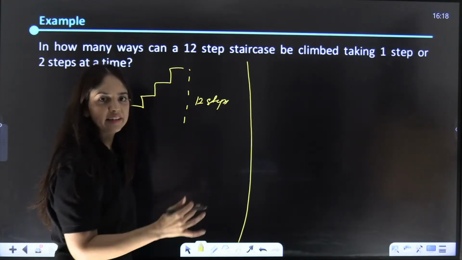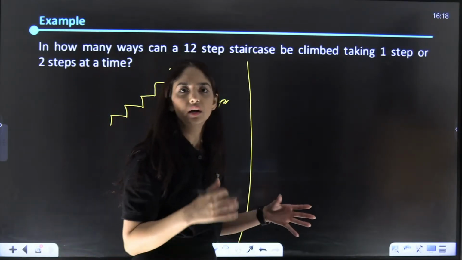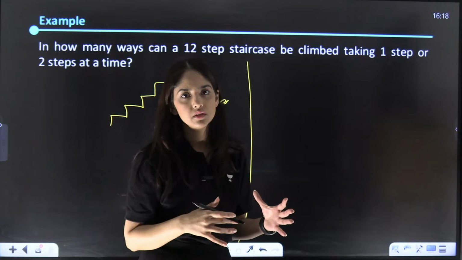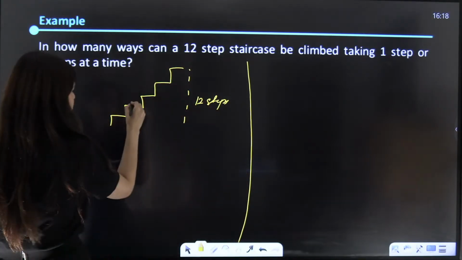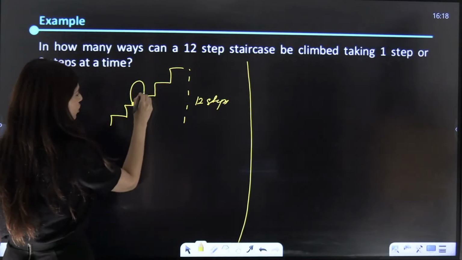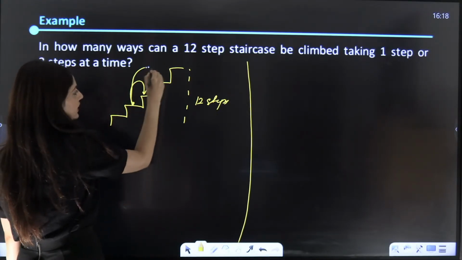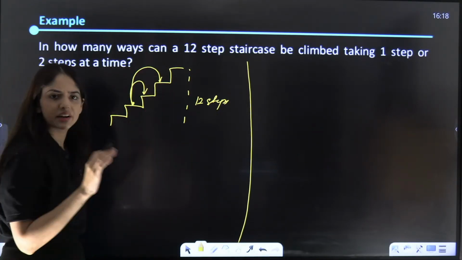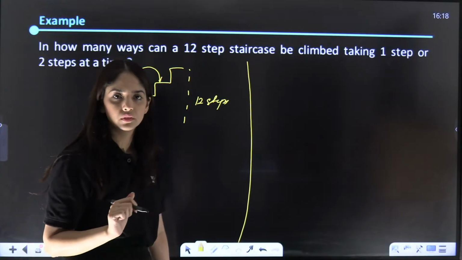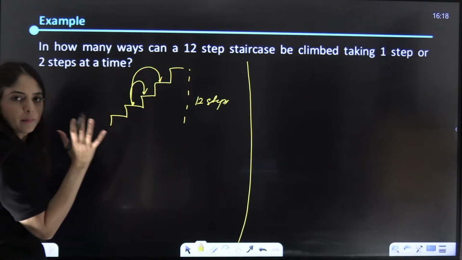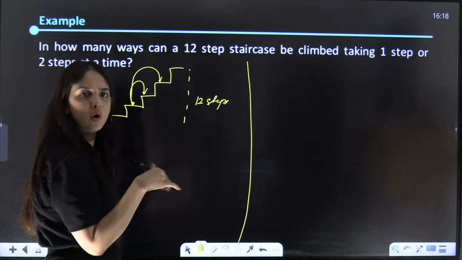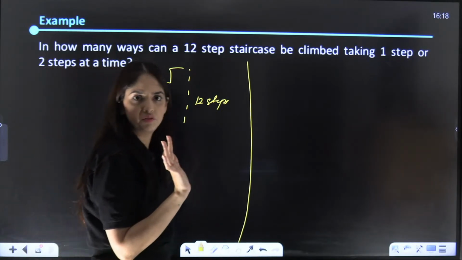We can either take it 1 step at a time, or we can jump 2 steps directly at any point. If we are here, we can either go here or we can directly go here, taking 2 steps at a time, jumping 2 steps up at a time. Okay? So that means we have to count all possible ways of doing this.